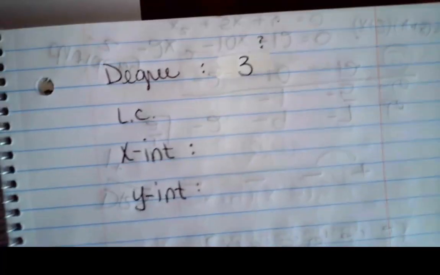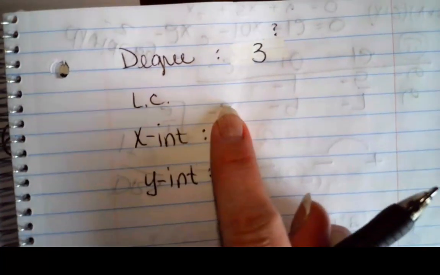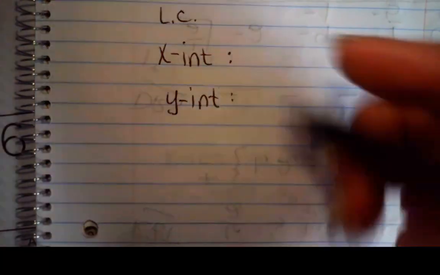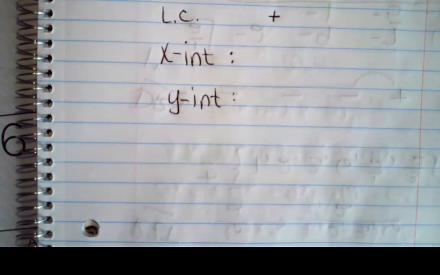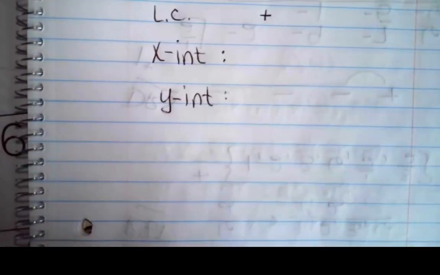And so we're going to start off by looking at our lead coefficient, which we'll get to in a second. We know that it's positive. But we're going to find the lead coefficient in a second. So first of all, I need to know what my x-intercepts are. I've got one at -3. I've got one at -2.